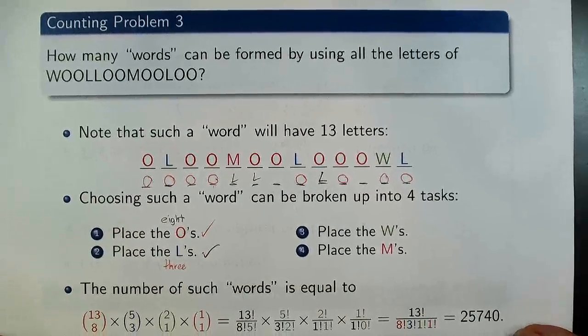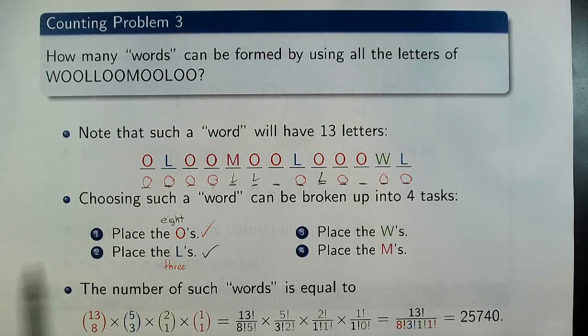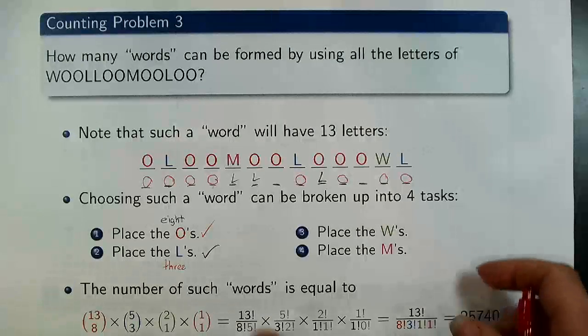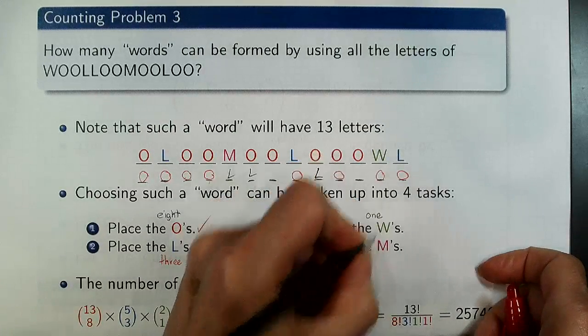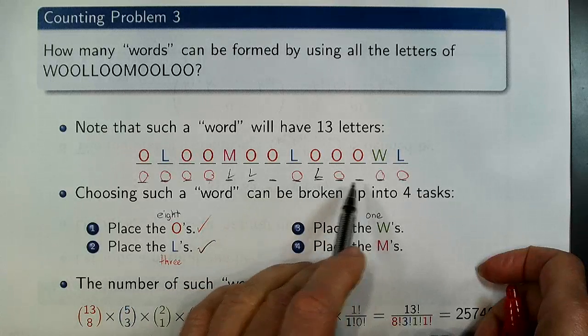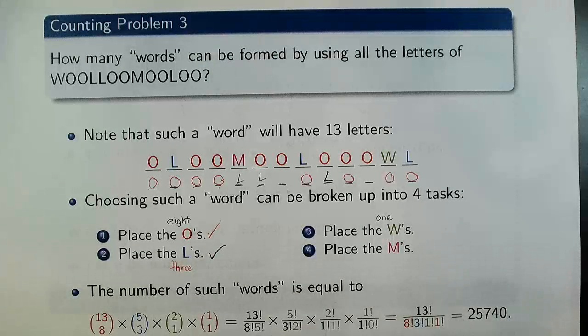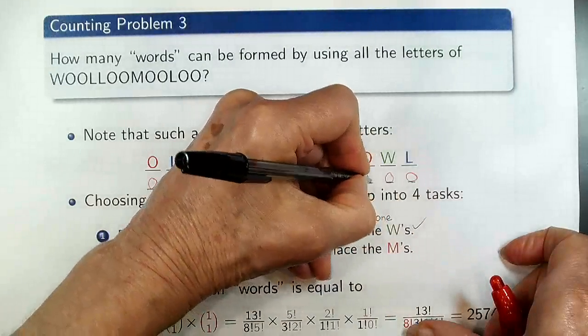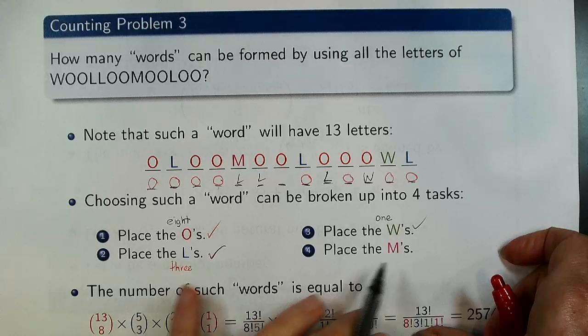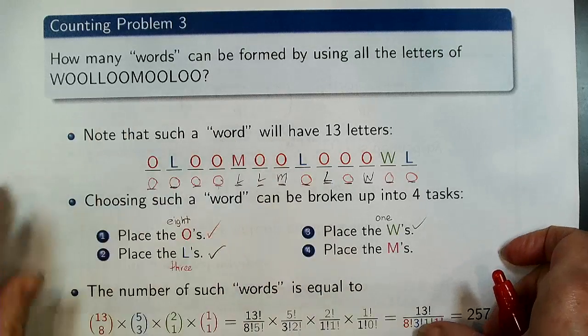Let's do a W. We've only got 1 W, haven't we? In how many ways can I choose 1 place from 2 for the W? 2 choose 1, which is 2. That's right. So we can put the W in. And finally, it's 1 choose 1 for the last letter, M.